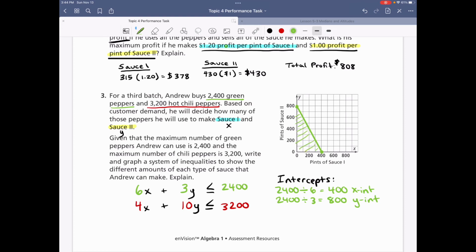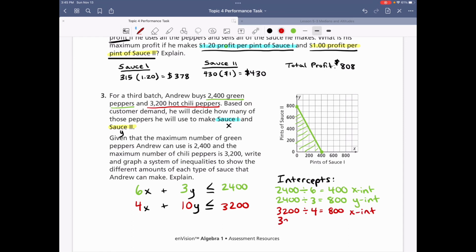Okay, now I need to find the intercepts for the red chili peppers. So I do the same process. 3,200 divided by 4 will give me the x-intercept. And I think that's 800 again, right? Because 4 times 8 is 32. That's for my x-intercept.